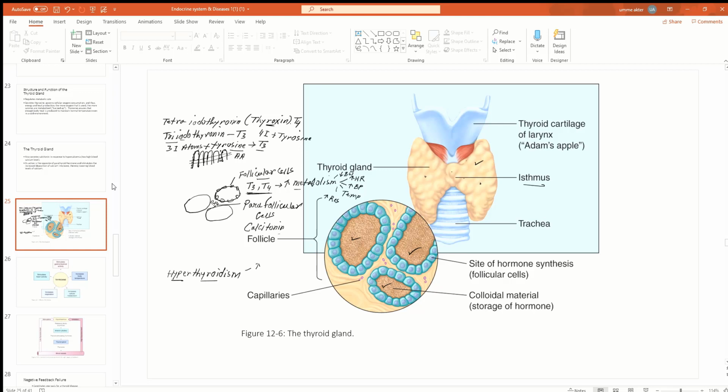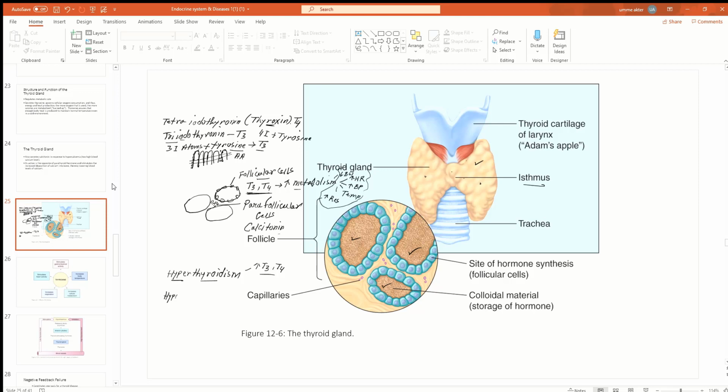Increase T3 and T4, right? So that will cause these changes in the body. Okay? If you touch the body, you will feel that the person's body is warmer than normal. Body weight is less, skinny, the person's heart rate is more, blood pressure is high, respiratory rate is more.